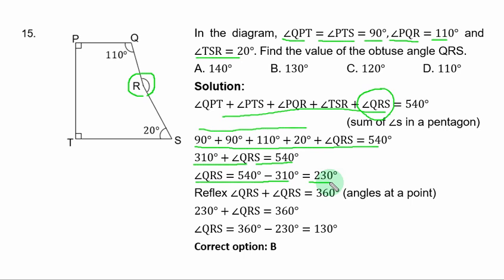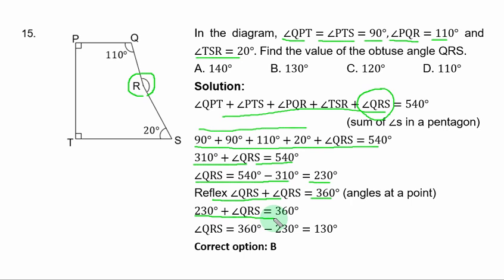230 degrees. We know the reflex angle QRS plus the obtuse angle QRS, the sum is 360 degrees. Angles at a point. So you replace the reflex with 230 plus the obtuse angle QRS, the sum equal to 360 degrees.